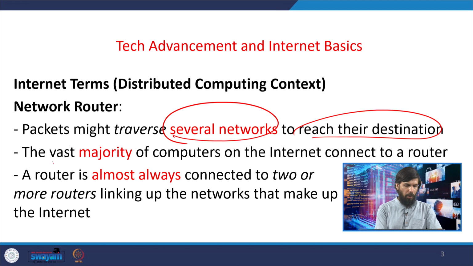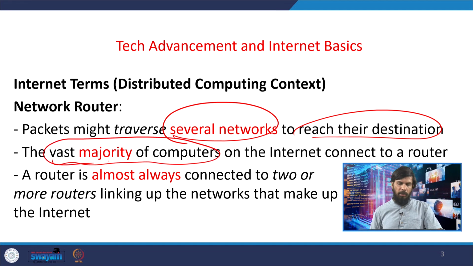Now, there are some other technologies which might allow bypassing the router, but most of the network is connected through a router. So, we can safely say that the vast majority of computers on the internet connect to a router.